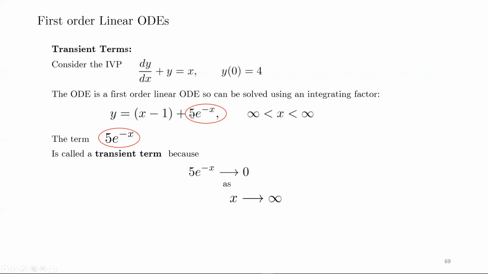So as x gets larger, this term becomes smaller and smaller, and in the limit it's equal to 0. So it's called a transient term because it only affects the solution for small x. The other term, x minus 1, sticks around as x goes to infinity. This term just gets larger and larger.